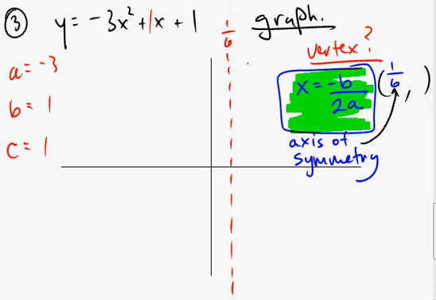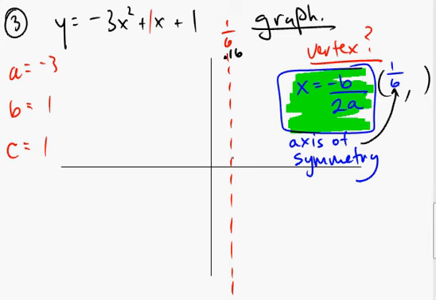This is at 1/6. If you want to think of it as a decimal, sometimes that helps. Does anybody know what that is? 1 divided by 6. Anybody have a calculator? What is it? 0.16, okay. Like less than a quarter. Pretty small.